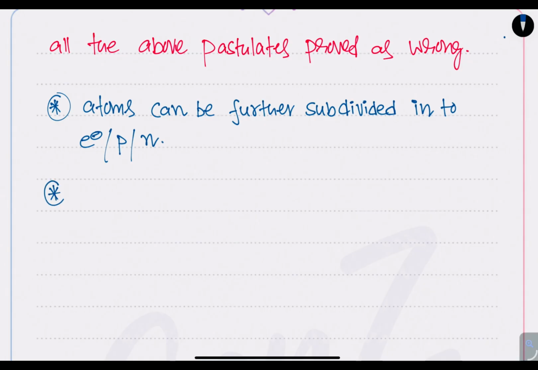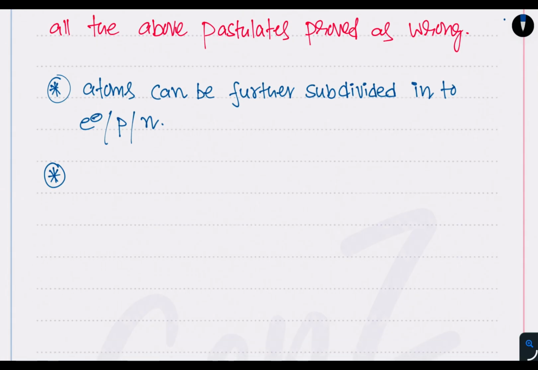Next, it is given that atoms of the same element are the same but differ from different elements. But atoms of the same element can also be different due to the existence of isotopes.